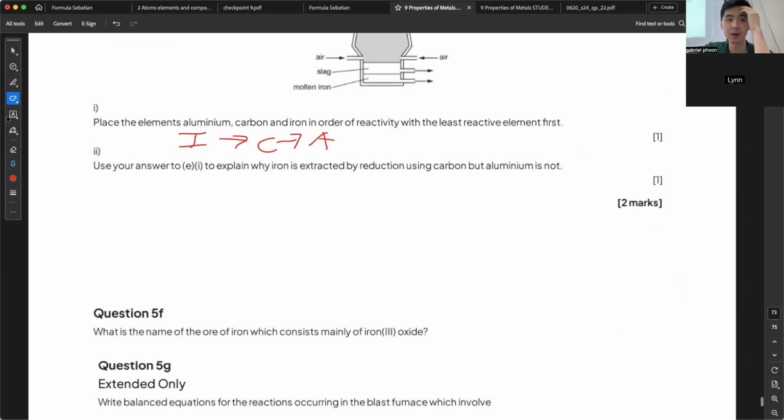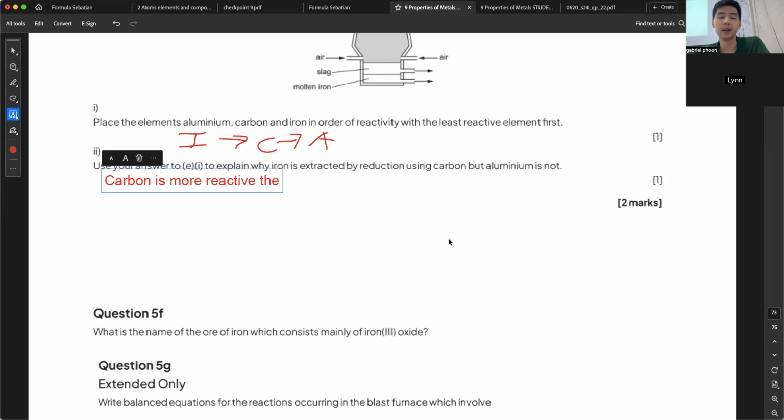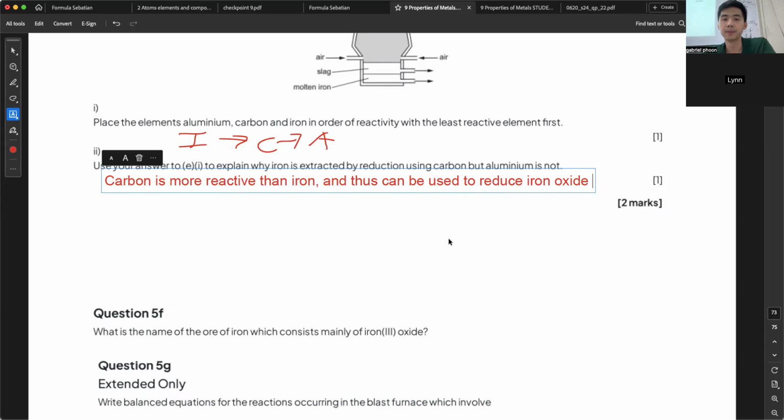You're supposed to write down that carbon is more reactive than iron and thus can be used to reduce iron oxide. That's how we do it. Did you write it, your answer?